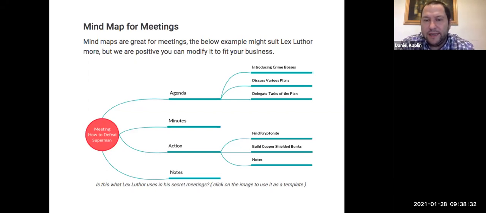And then ultimately, each of these crime bosses would be delegated tasks as it relates to the plan. Now, then you might review the previous minutes and approve that. Then you might send specific actions. Well, we need to find kryptonite, build bunkers, and take any notes that are necessary, right?